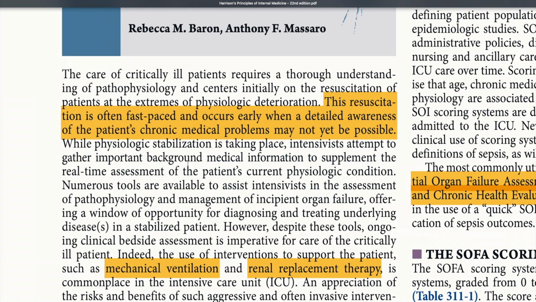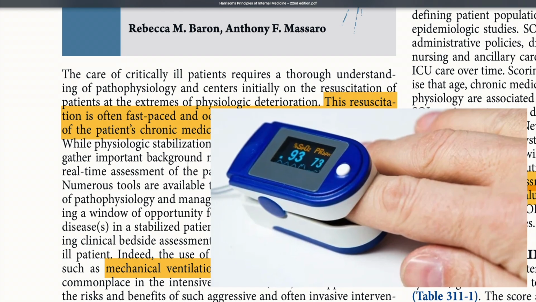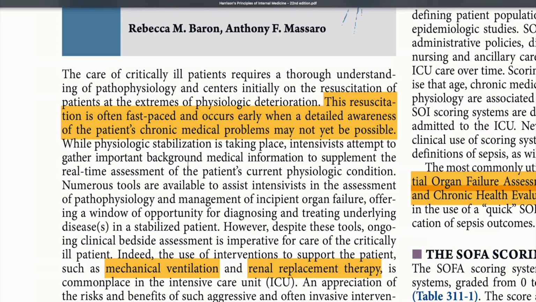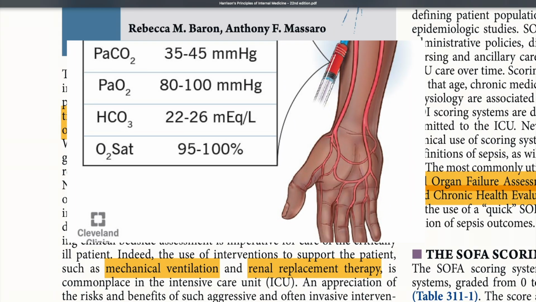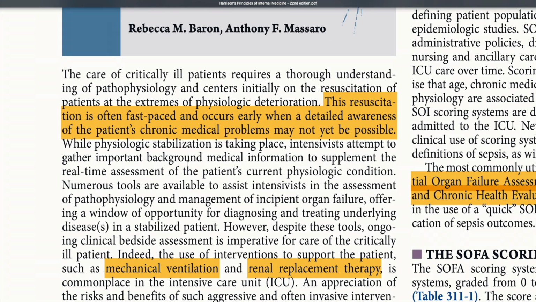Then we have to assess the breathing: look at respiratory rate, chest movement, oxygen saturation, and if possible check an ABG analysis, which is arterial blood gas analysis.